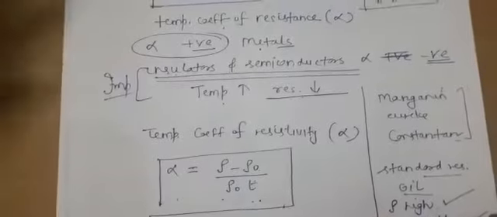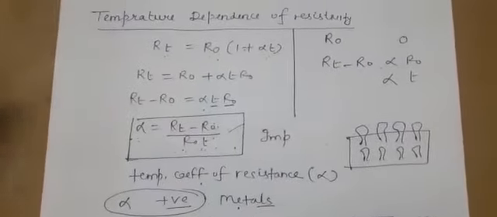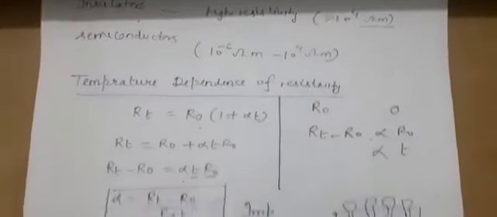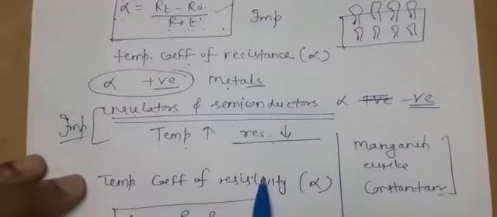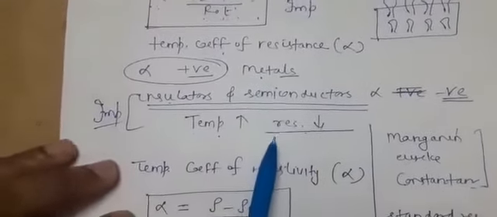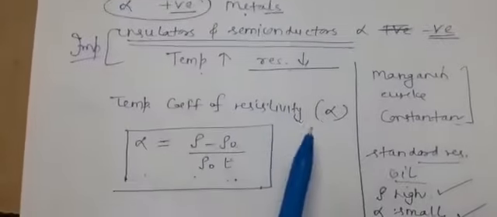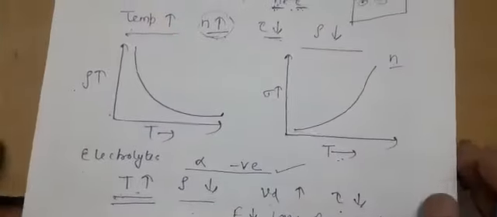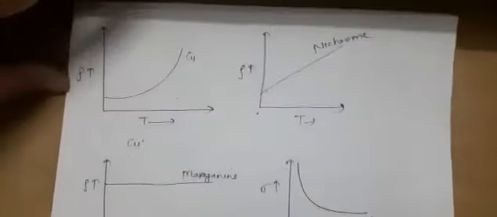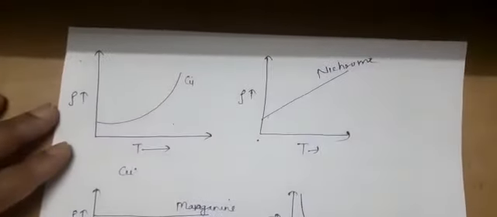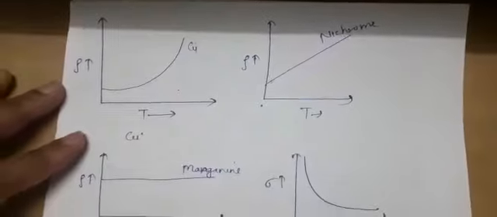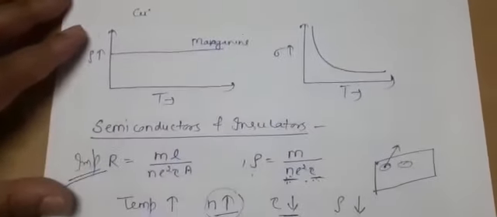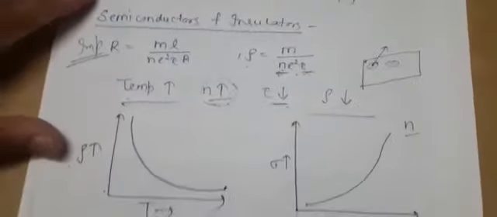Then we introduced the concept of temperature coefficient of resistance and resistivity, categorizing conductors, insulators and semiconductors in terms of resistivity and conductivity. Then we did a very important job, drawing the graphical representations of the various parameters. This can be asked in a 1 mark question, so you have to draw it very carefully.